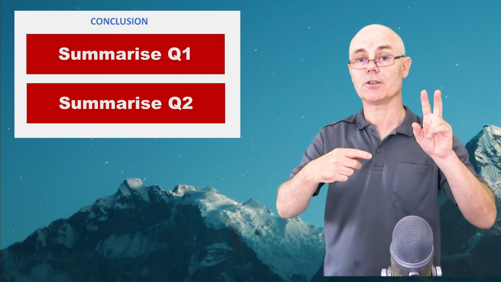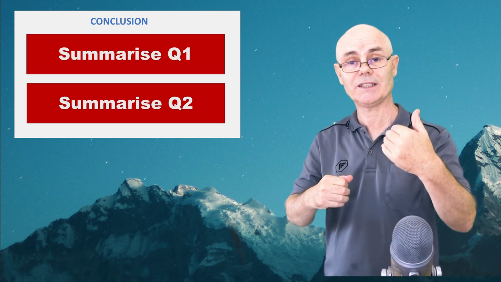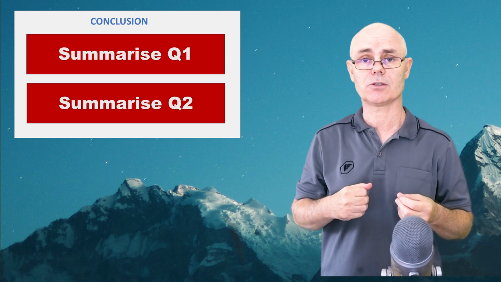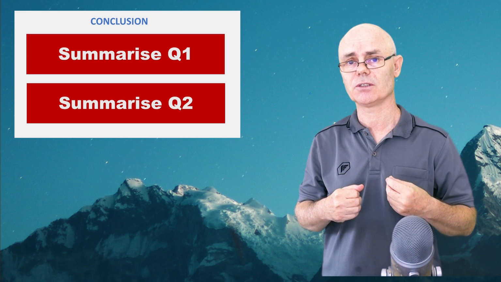Then you're going to want to write a concluding paragraph. It's incredibly easy for this type of essay. All you need to do is write one sentence to summarize the two advantages and one sentence to summarize the two disadvantages. Of course, you're going to be paraphrasing.